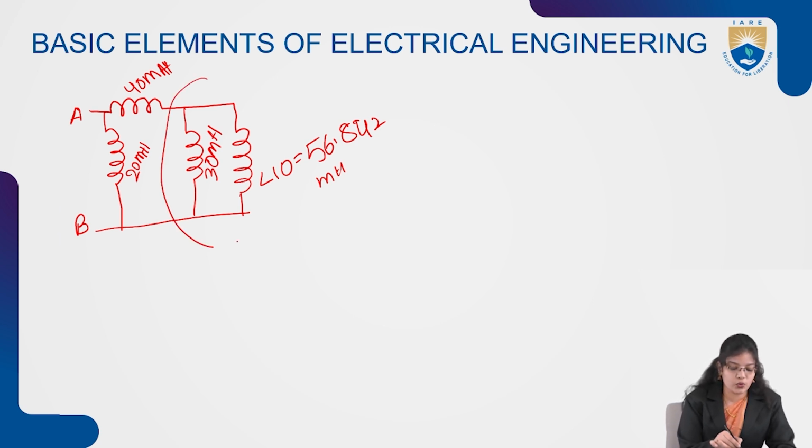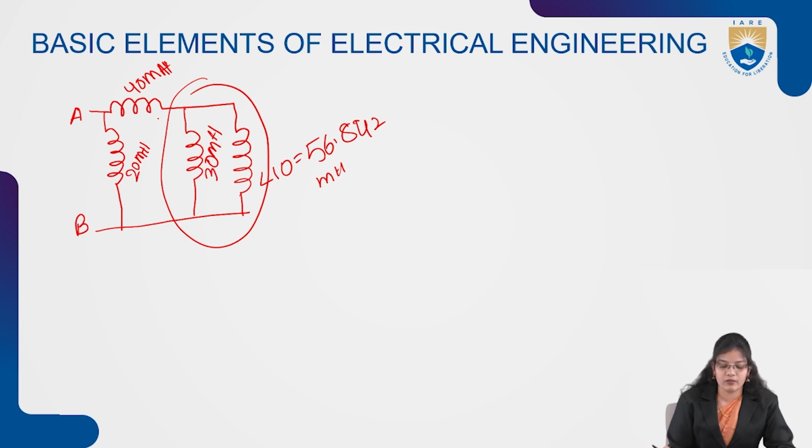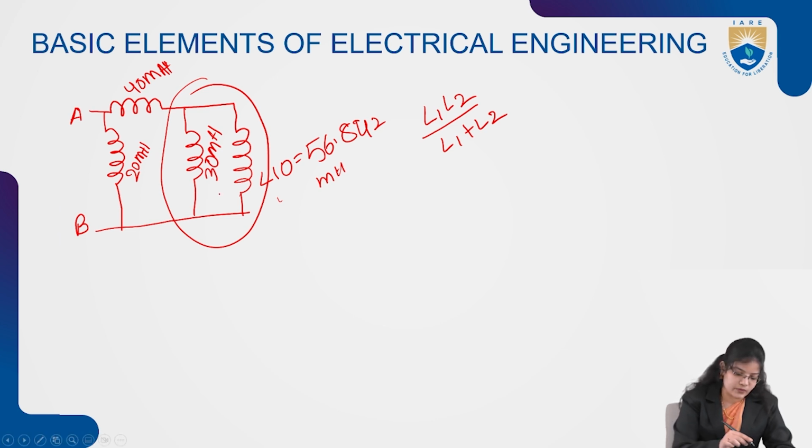So if these two inductances are connected in parallel, we have to reduce the circuit. We have to use the equation which is L1 into L2 by L1 plus L2. So if it is considered as L1, L2, L3, the formula will be L3 into L10 by L3 plus L10.